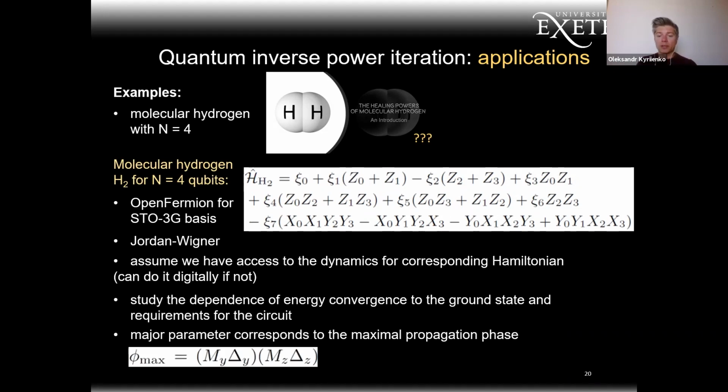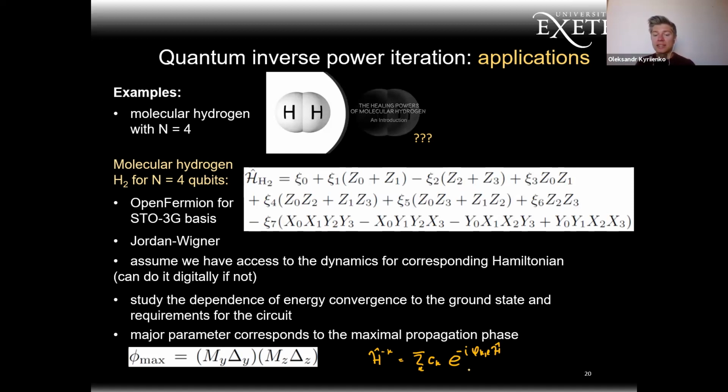We study the dependence of convergence, so how with each new power of your inverse Hamiltonian, you come closer to the ground state. And I also introduce what's called a maximal propagation phase, because you remember I said that this operator that I want to apply is a combination of some coefficients, but also some phases phi_{k,l,h}. So the larger the phase, the longer time you need to simulate, the more costly is the procedure.